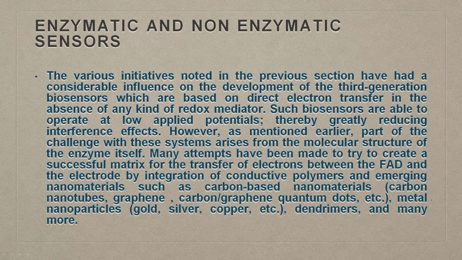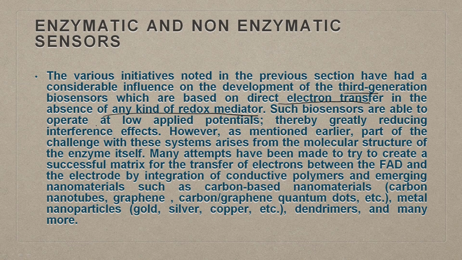So, to start off with, this brief background. We are talking about enzymatic and non-enzymatic sensors. The various initiatives noted in the previous section have had considerable influence on the development of the third generation biosensors, which are based on direct electron transfer in the absence of any kind of redox mediator.